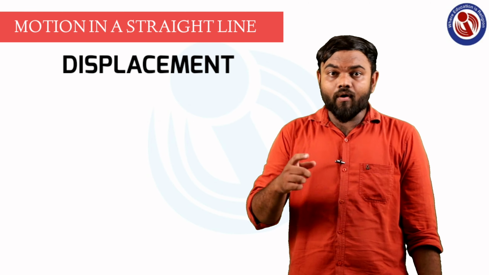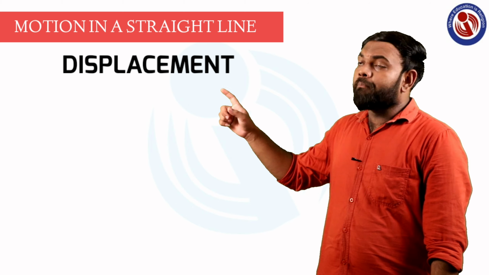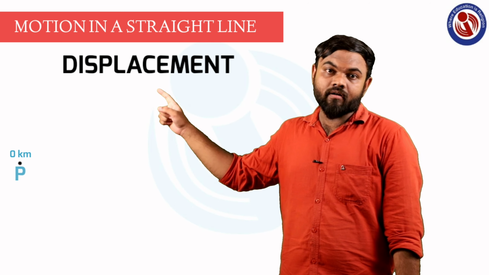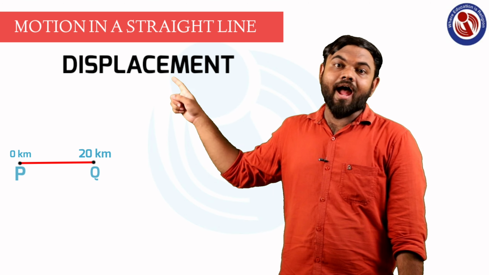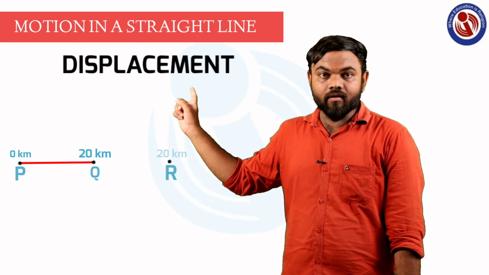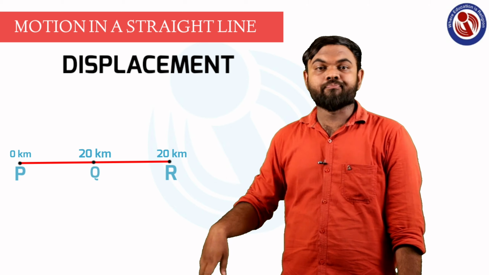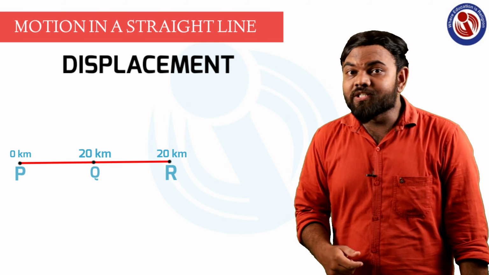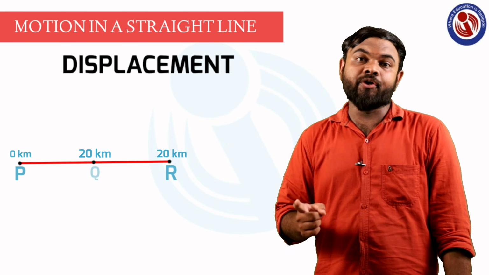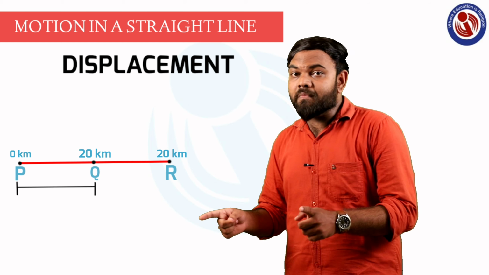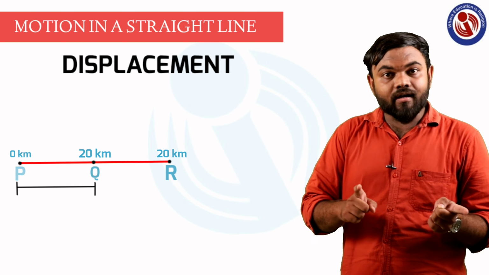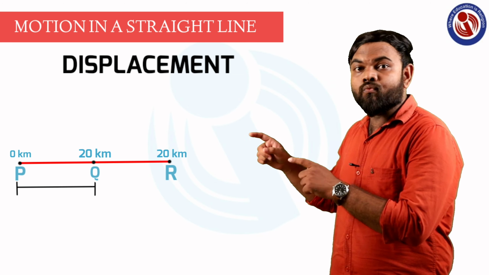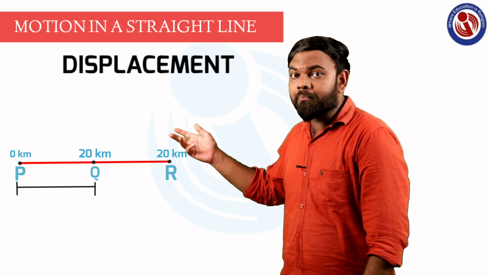Suppose we take one example. P point at 0 km, Q point 20 km with respect to P and R point 20 km with respect to Q. Now, what is the displacement between P and Q? Displacement is the distance between ending point and starting point. What is the ending point?